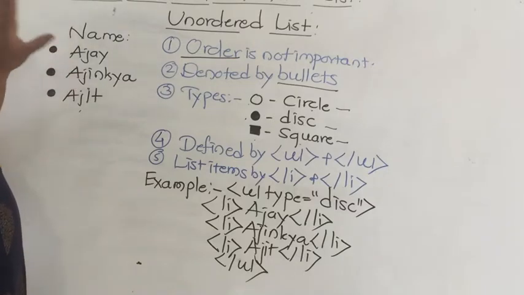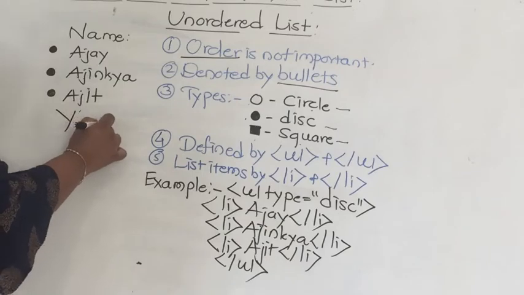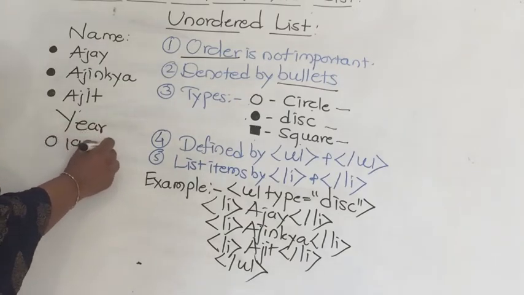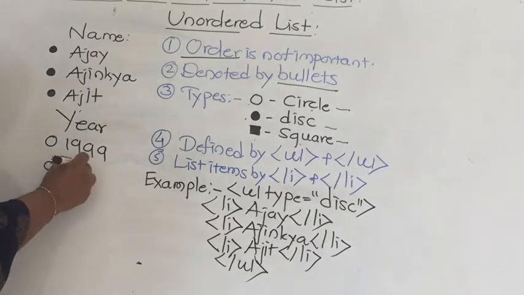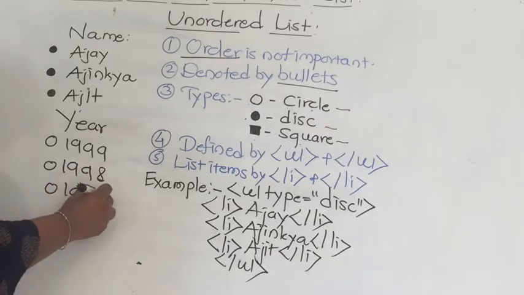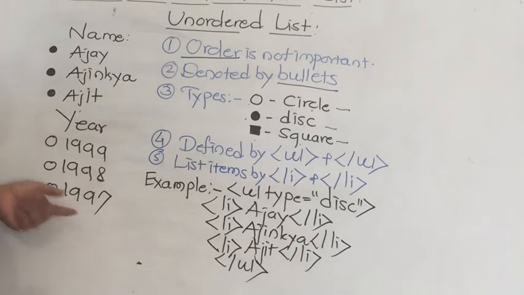Now instead of names, suppose you want to write the years. Here my type is year and I have given 1999, then 1998, and third one is 1997. Now these are the list items and it is defined by the type circle.